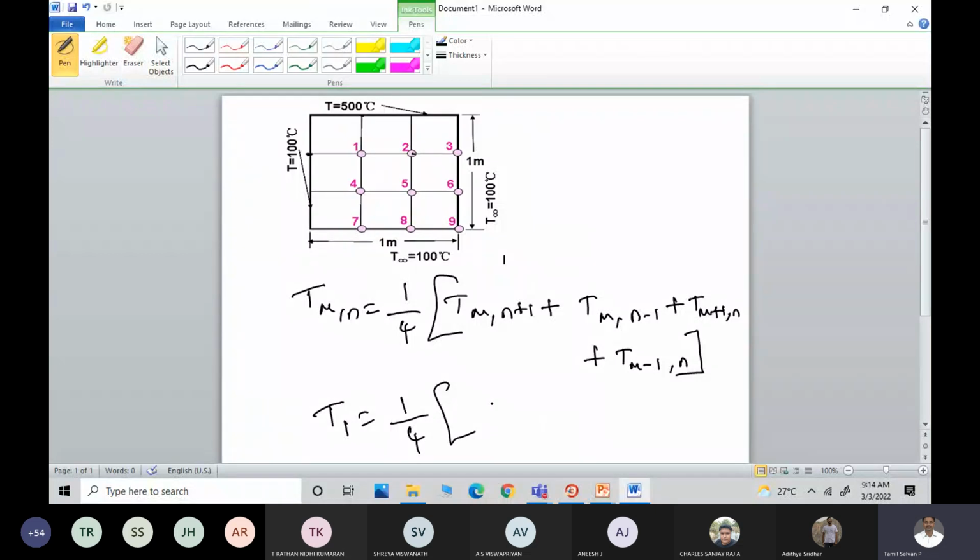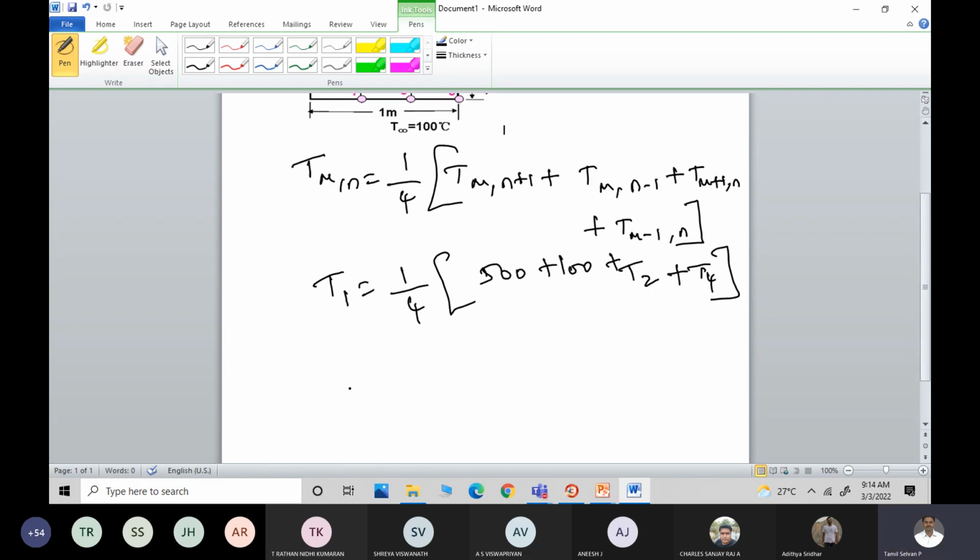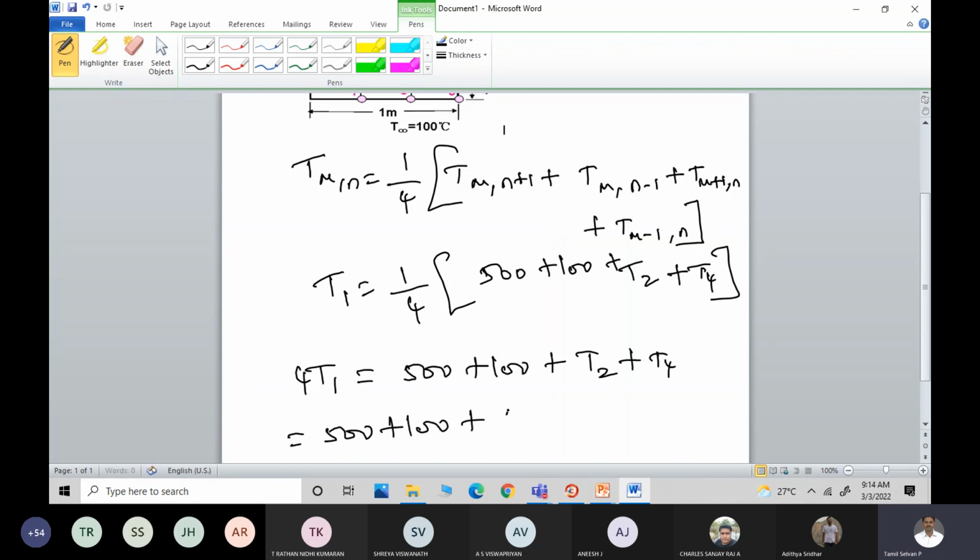So 4T1 is equal to 500 plus 100 plus T2 plus T4, or 500 plus 100 plus T2 plus T4 minus 4T1 is equal to 0. Am I correct, students? Yes, sir.